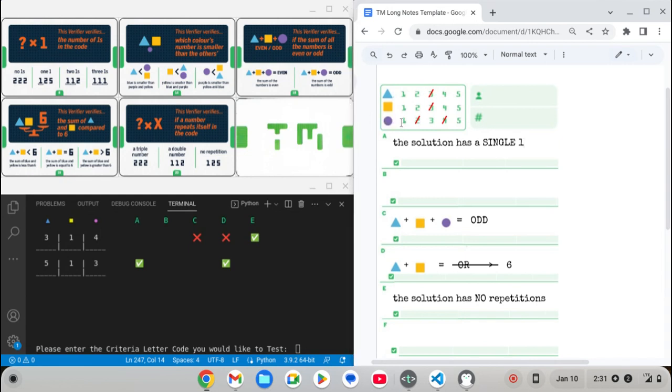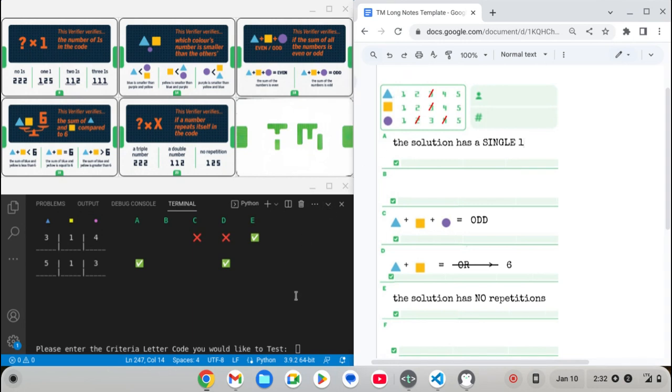So let's say, again, if circle is 1, then you would have 2 and 4 in triangle and square, but again, you wouldn't know how to pick which triangle should be the 2 or the 4, because 2, 4, and 4, 2 work just as well. So I don't think circle is going to be the smallest.